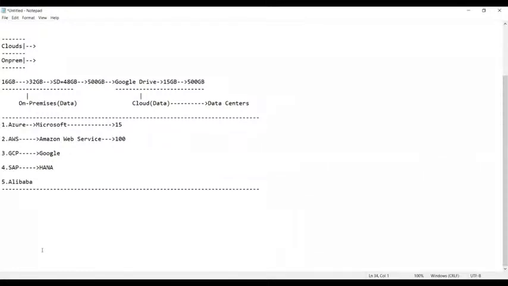The first one is called IaaS, the second is PaaS, and the third is SaaS. So what is IaaS, guys? IaaS stands for infrastructure as a service.